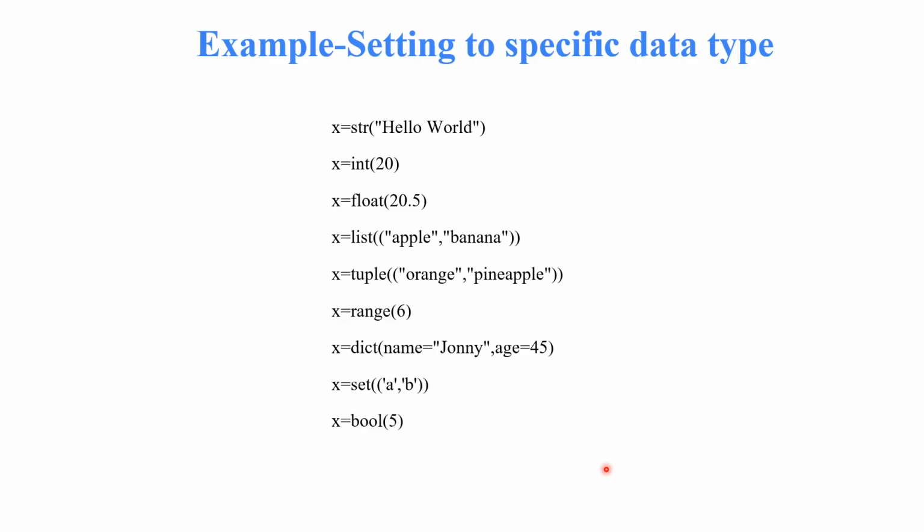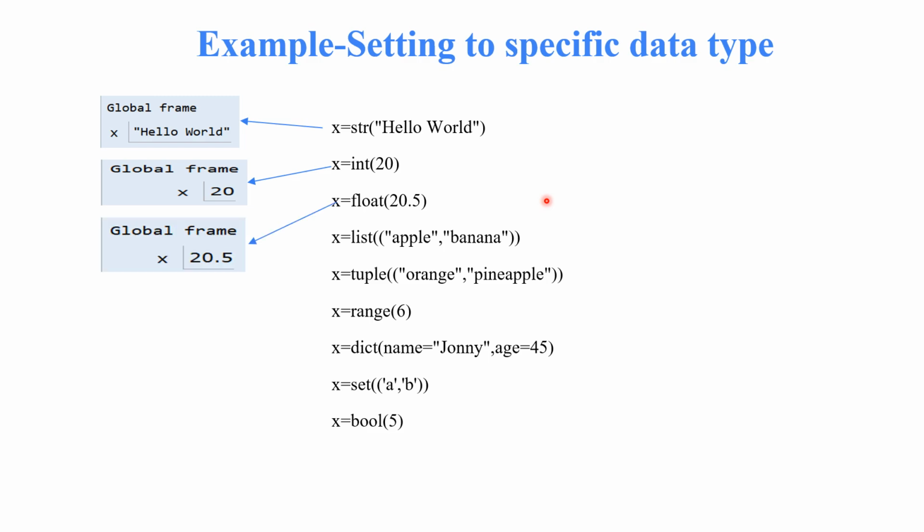Now we'll see how it works. The first one is x is equal to str of hello world. When I print this, the memory allocated is x equals hello world. Now I'm making the same x an integer. The x takes the value 20. Similarly for float, it was 20 and now it is 20.5, which is float.